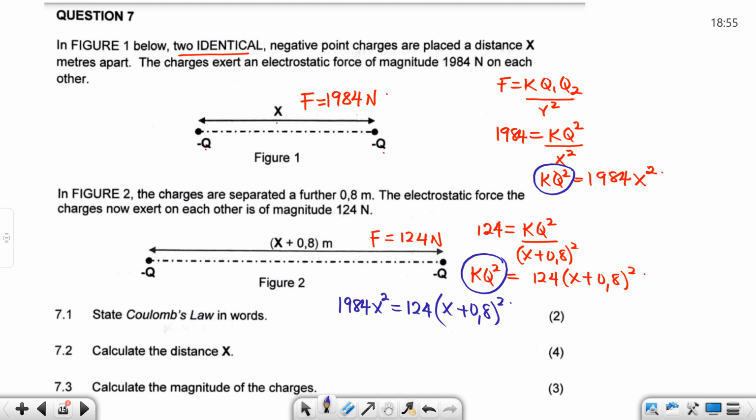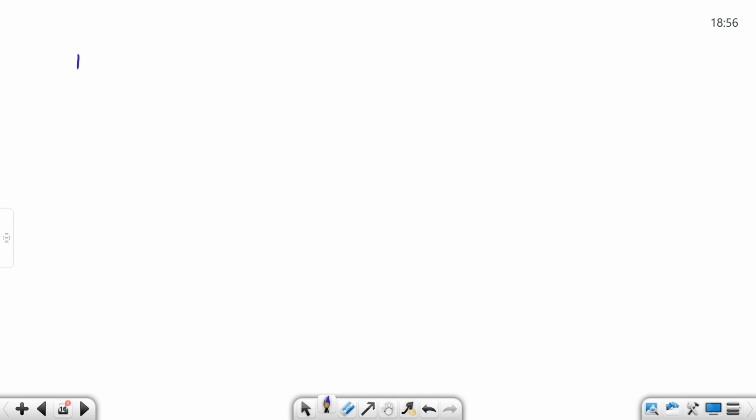Are we okay up to this point? Don't expand when you get to electrostatics. Watch what I'm going to do. Let me write it on the next page. So 1984 x squared, because I don't want us to expand, equals 124 times (x plus 0.8) squared.